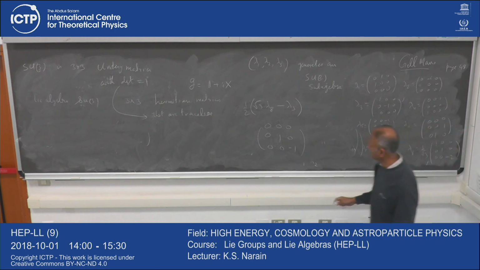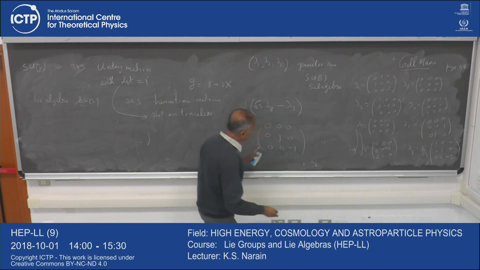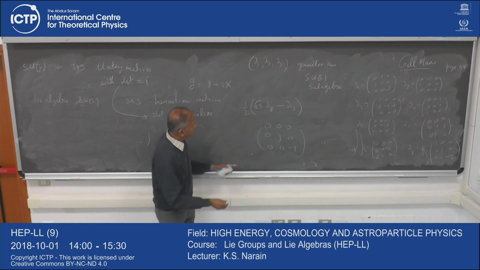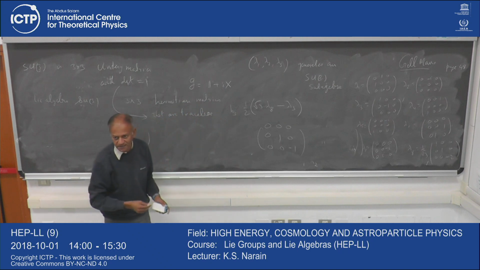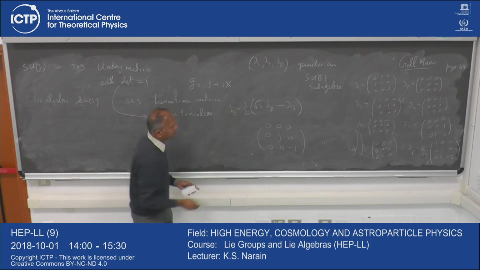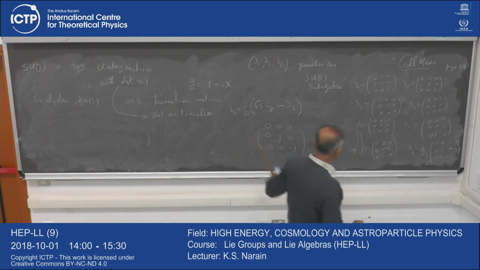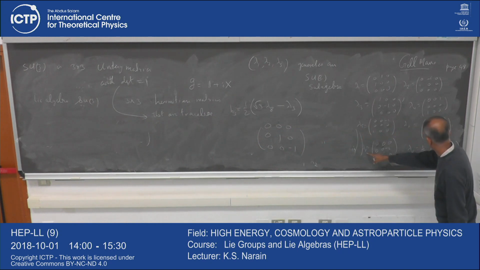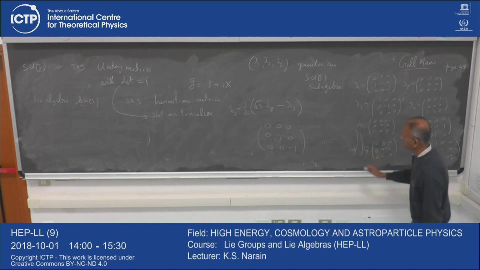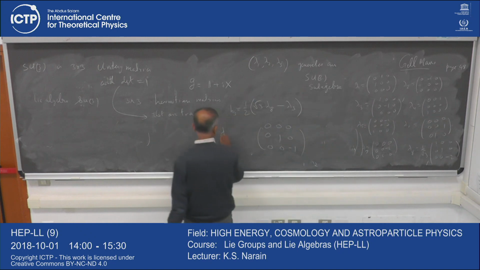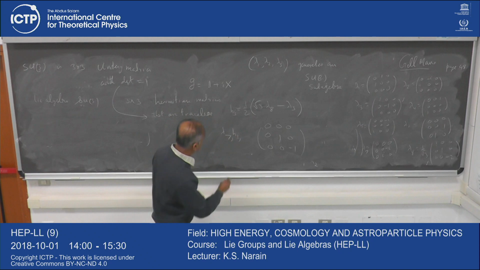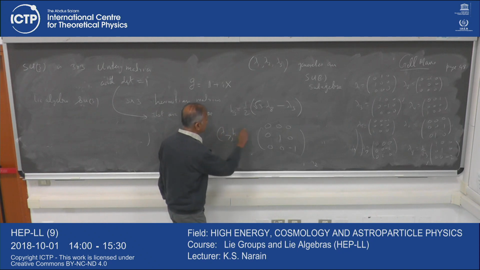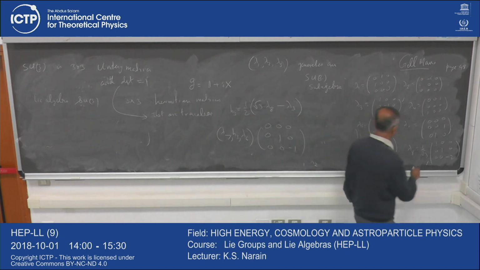Similarly, I could have chosen another. Now if you choose this one, let me call it H3, that particular combination. Then you see that H3 and lambda 7 and lambda 6 will again form an SU2 subalgebra.